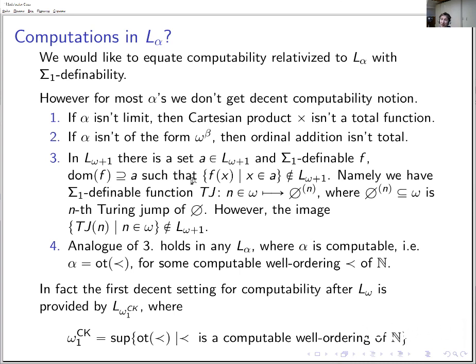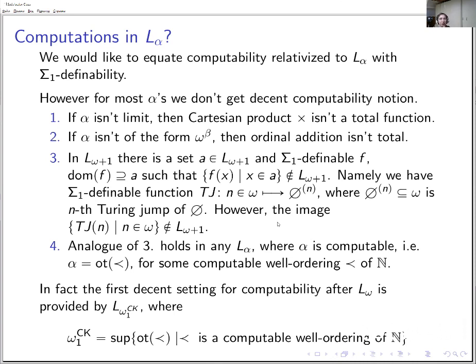So if you apply a sigma 1 definable function to a set, its full image should also be a set. It seems to be a very reasonable assumption. However, it doesn't really work for small enough alphas.